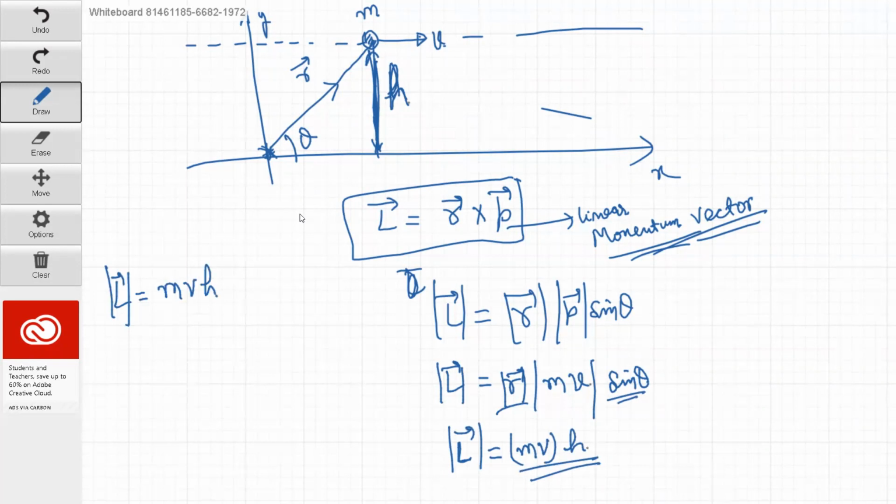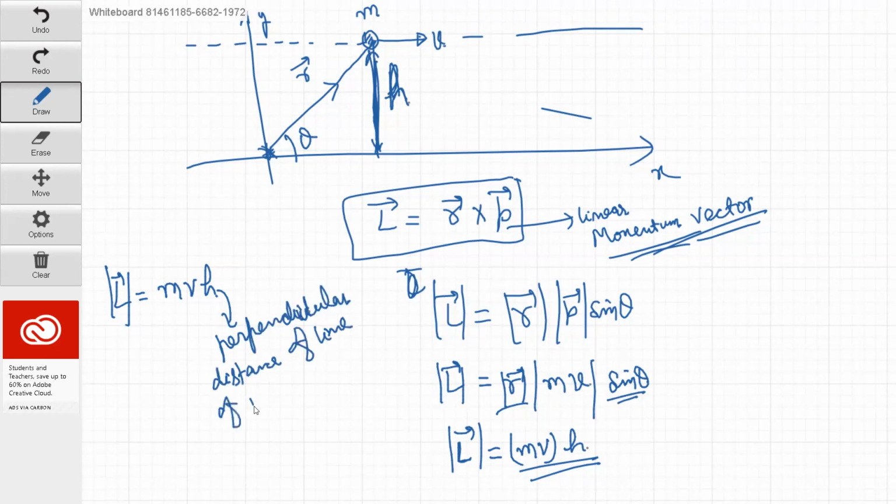Hope you understand. What is h? H is the perpendicular distance of the line of motion from the axis of rotation.